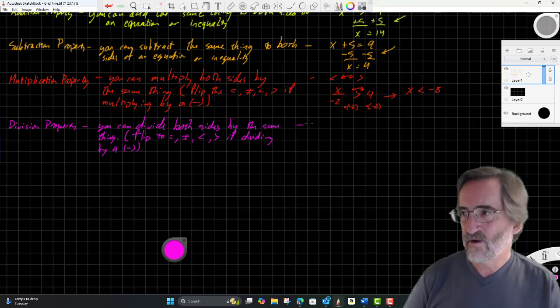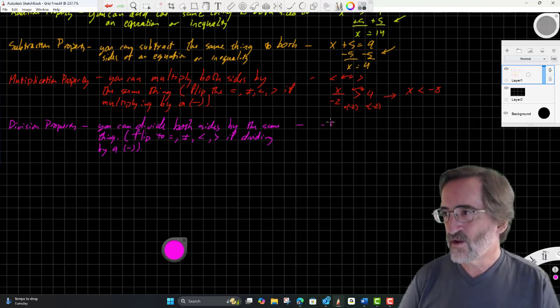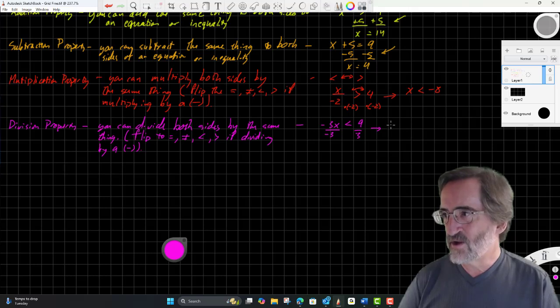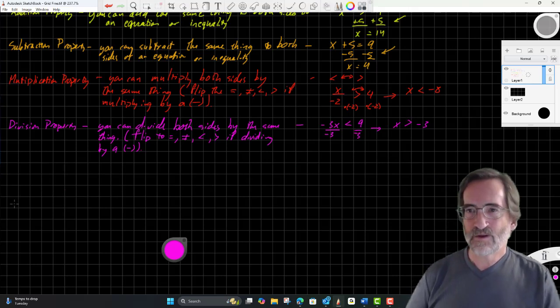Example, negative 3x is less than 9. Divide both sides by -3 and flip the inequality so that x is greater than -3. Division property.